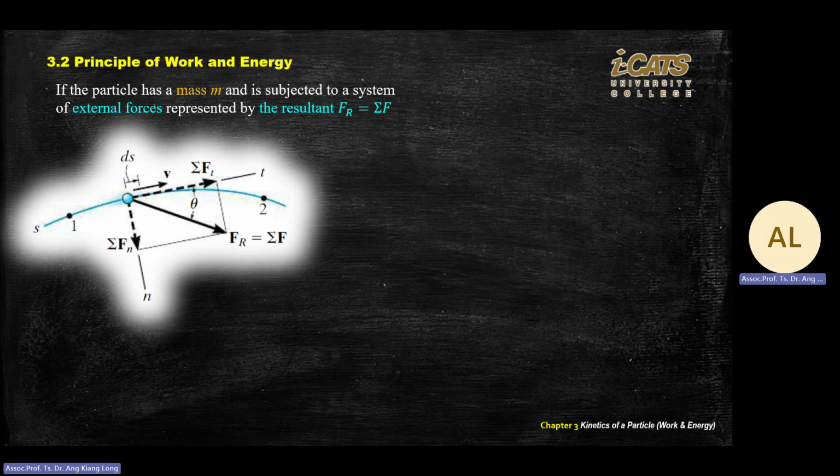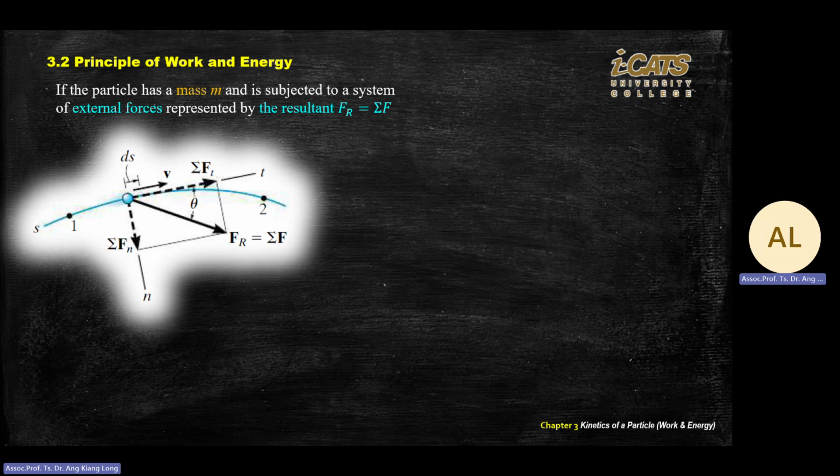The tangent direction always follows the direction of motion, same as your velocity. On a curve, the normal acceleration is v squared over rho. This particle moves a certain distance ds. The dotted line shows the sum of the forces in the tangent direction and the sum of the forces in the normal direction, and the particle moves along the curve in its tangent direction.